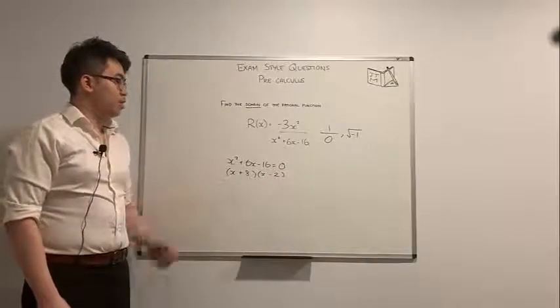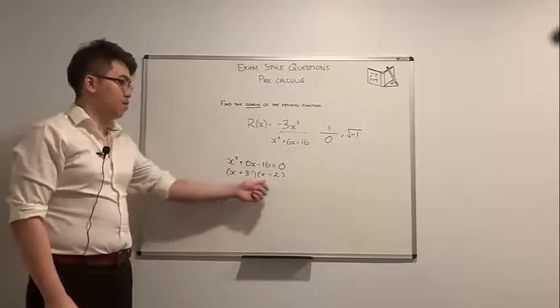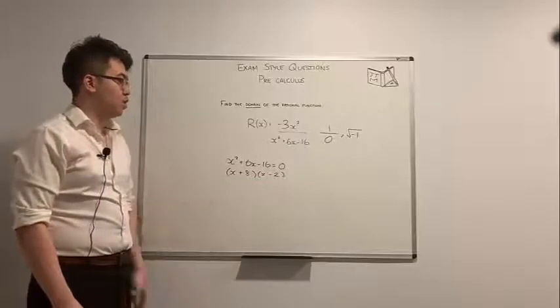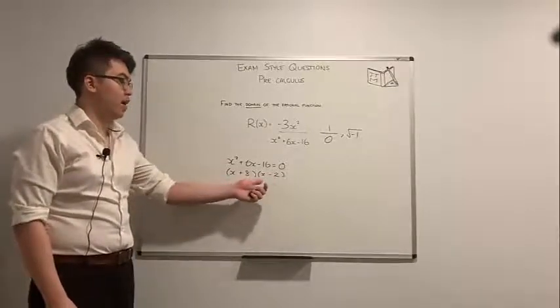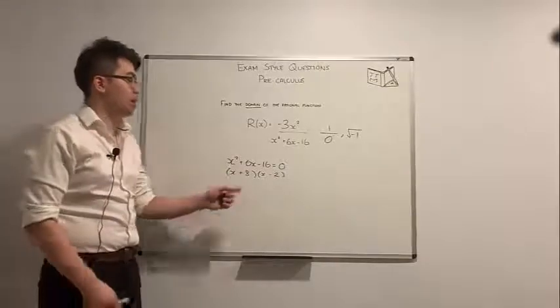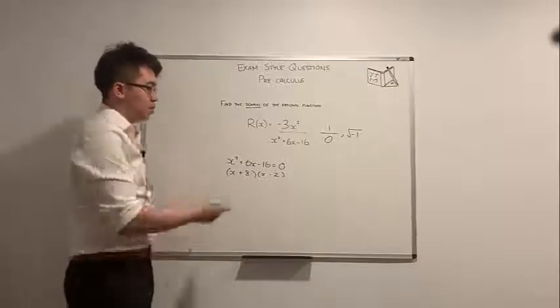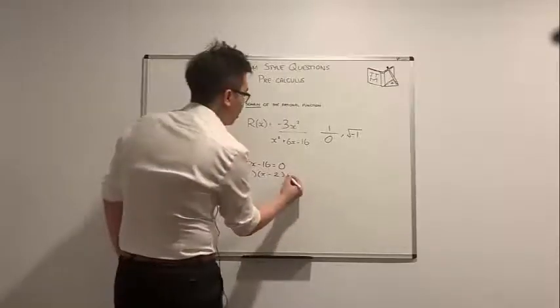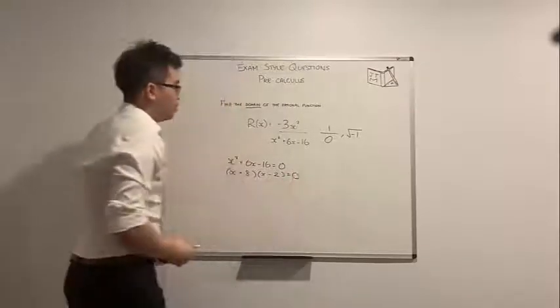This of course would expand out to give me x multiplied by x is x squared, positive 8 multiplied with minus 2 is minus 16, and they add together to give positive 6x. So these are the correct factors, and we'll make them equal to 0.